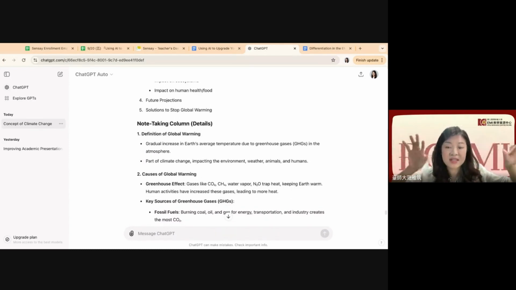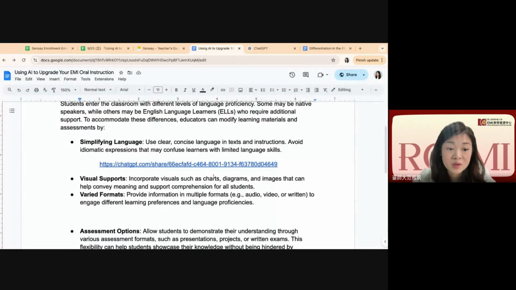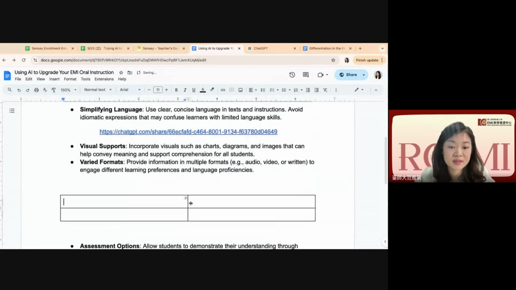With the left and right, the proportion is about 3:7 or 2:8. Okay, so you can actually remake them according to the Cornell method. As I'm doing now, I am inserting a table, okay, where I can do it like this. So the Cornell method should go like this.